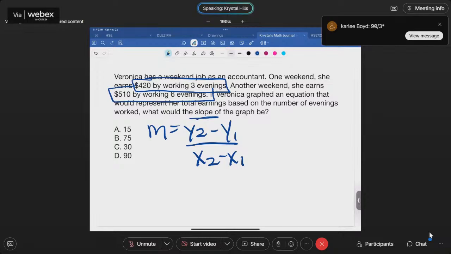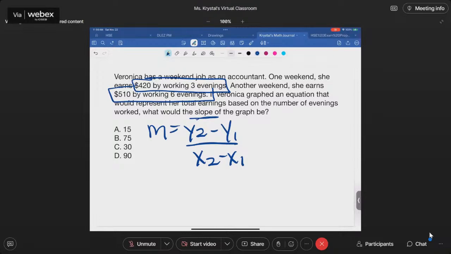When I see it says equation that would represent total earnings based on the number of evenings worked, in order for me to get money, I have to work. So working comes before the money. Working is going to be my X. Money is going to be my Y.